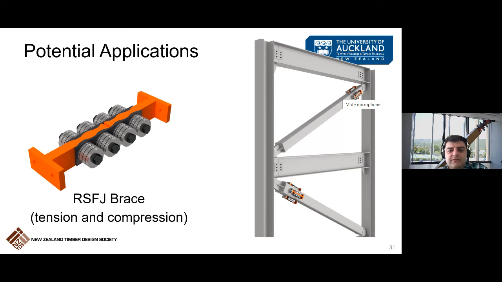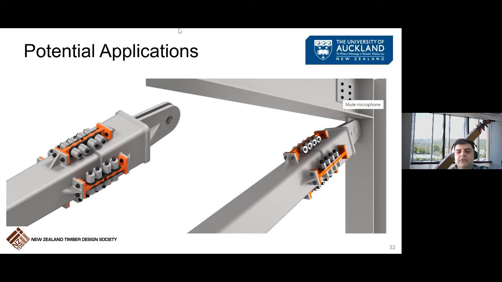For braces, so for tension-compression braces, these devices are used in combination with a telescopic mechanism to take care of global buckling of the brace. Normally, there are male and female parts that go into each other, and then a mechanism similar to that of a BRB, buckling resistant brace.